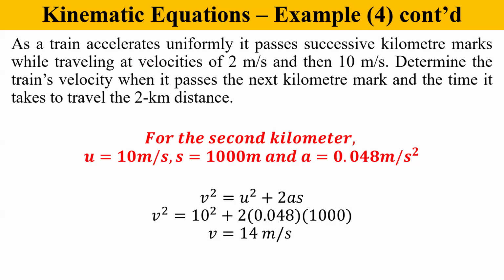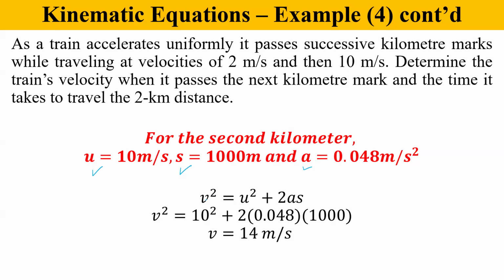So this is the second kilometer now. So now you know the initial velocity, and you have the distance. This is the second successive kilometer mark. You would have already calculated your acceleration, which is 0.048 meters per second squared.